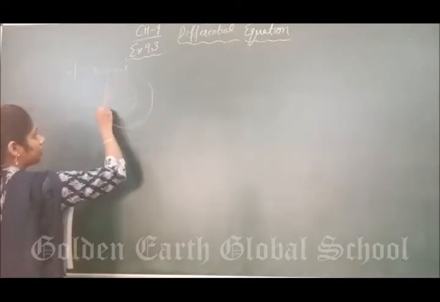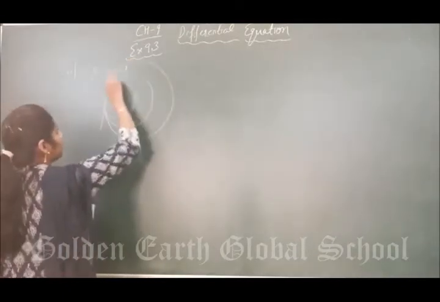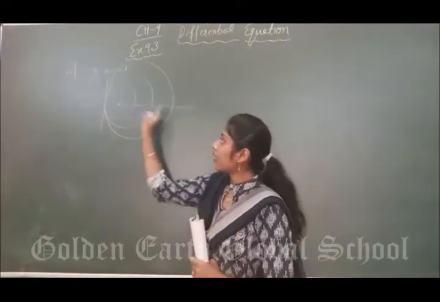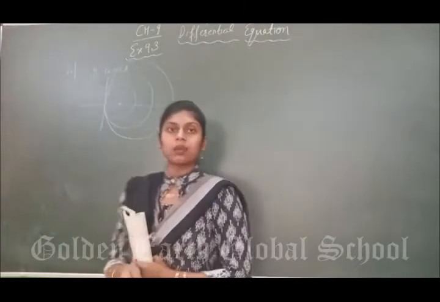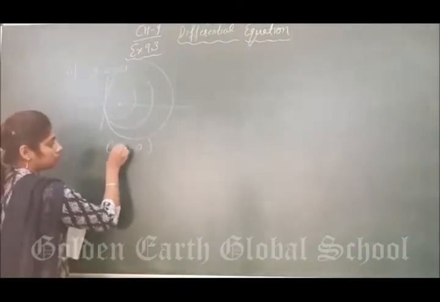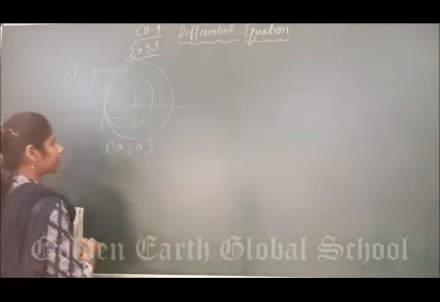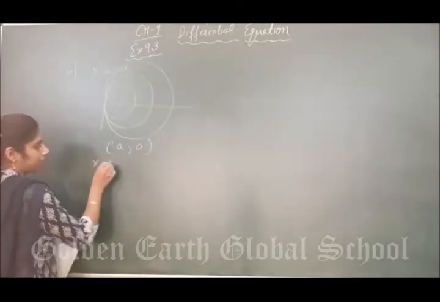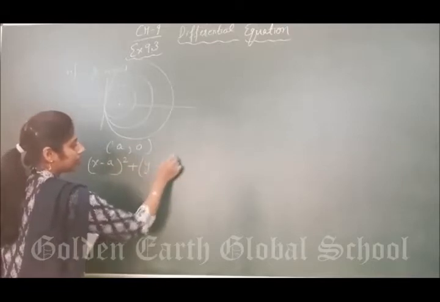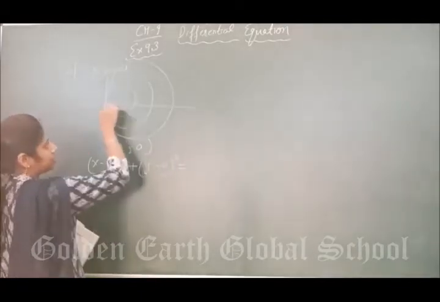Maybe this circle, maybe this circle, but all the centers will lie on the x-axis. If the general point on the x-axis is (a, 0), what will be the equation? (x minus a) square plus (y minus 0) square is equal to the radius square, the radius will be a.